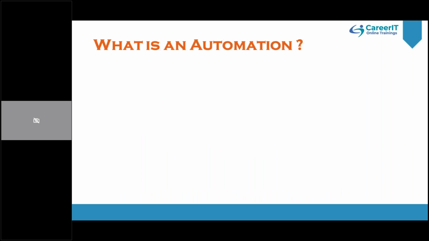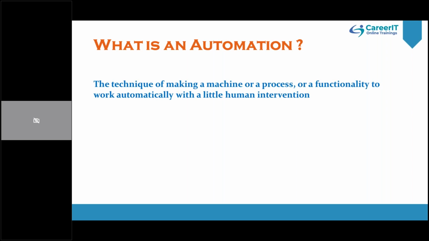So let's try to understand what automation is first. Automation is nothing but a simple technique to make any machine or process or functionality of an application work automatically with a little manual intervention.